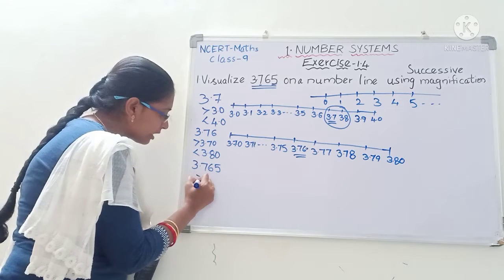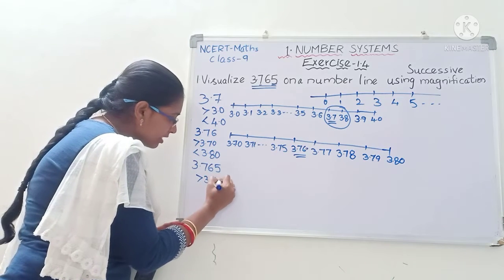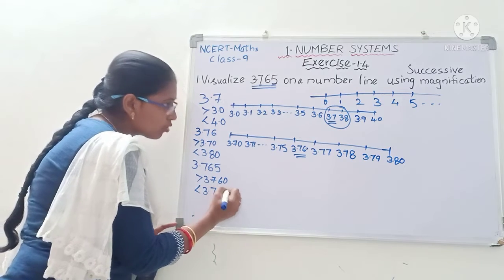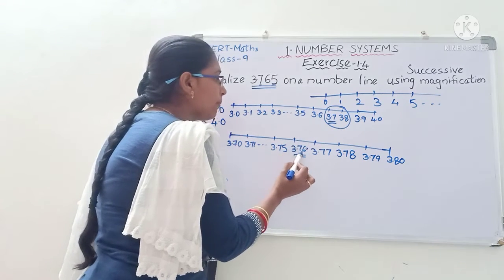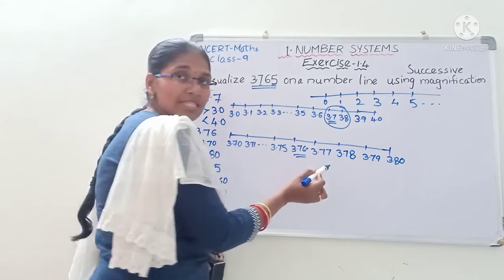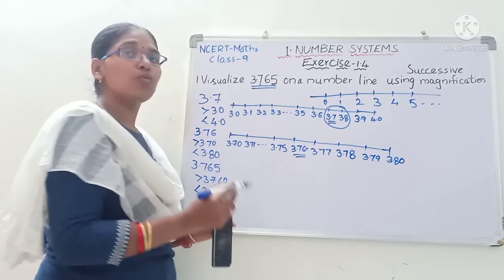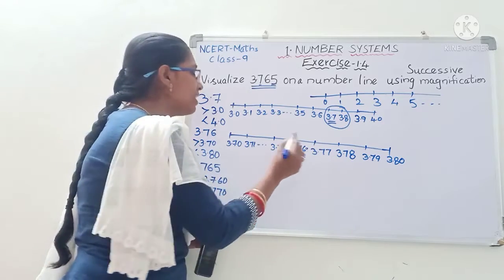So it is greater than 3.760 and it is less than 3.770. So this part between 3.760 and 3.770, divide it into 10 equal parts. Assume you used a magnifying glass and divide it.